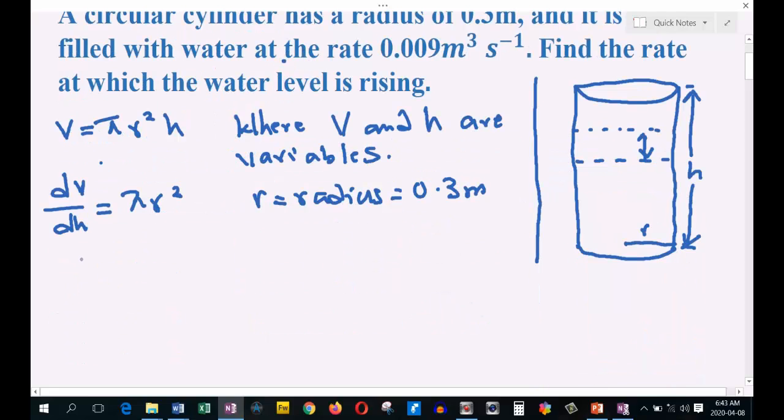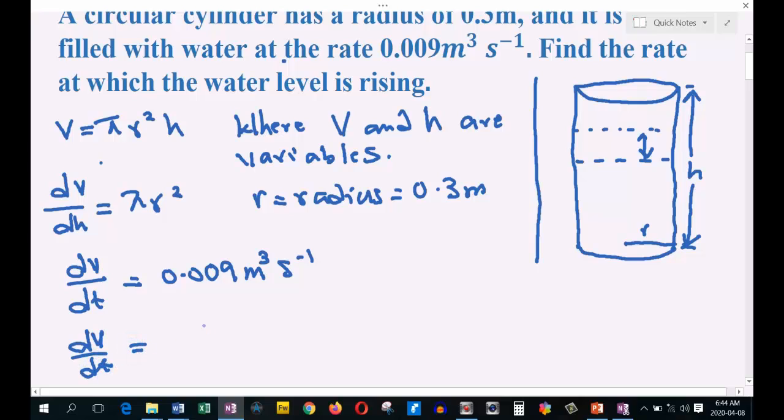And the volume is changing at the rate of 0.009 meters cubed per second. So our question is to find the rate at which the water level is rising. We'll go to our relation again. dV/dt is equal to dV/dH times dH/dt.